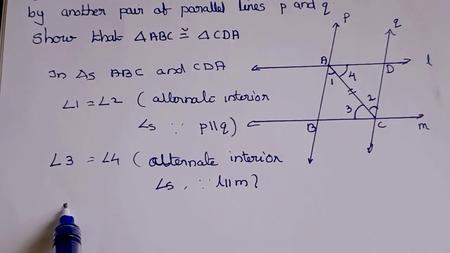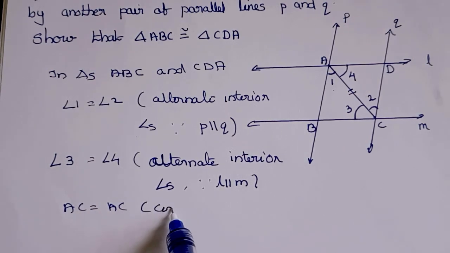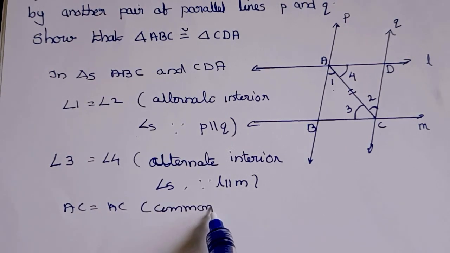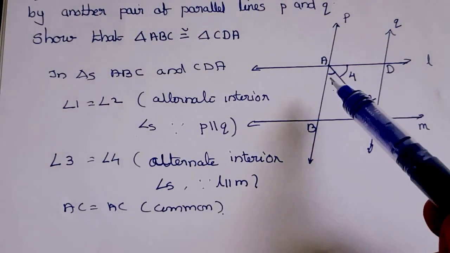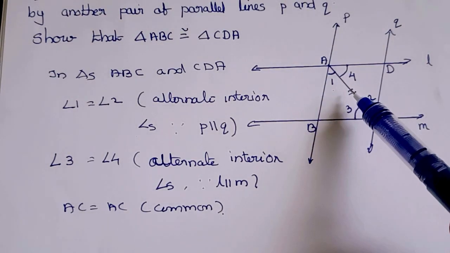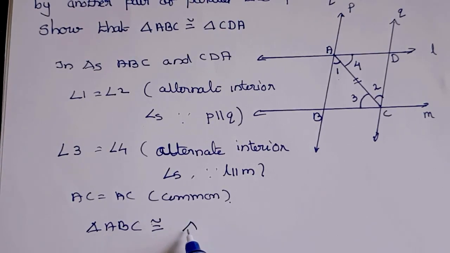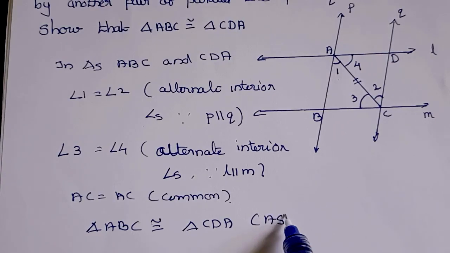Hence by ASA, two angles and included side, these two triangles are congruent. That is, triangle ABC is congruent to triangle CDA by ASA congruence.